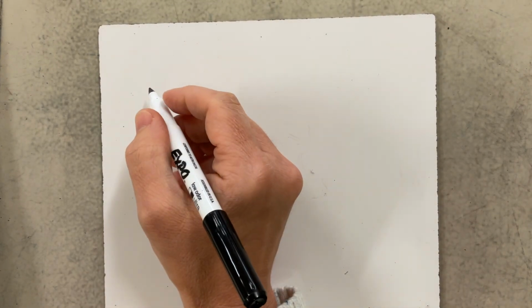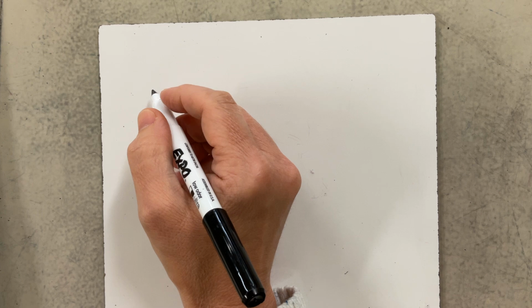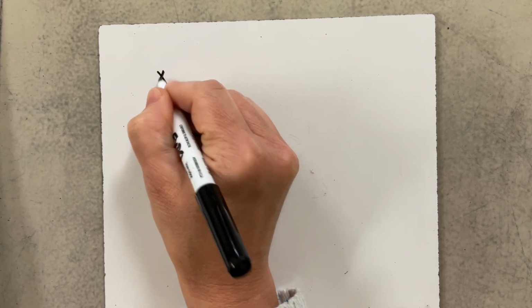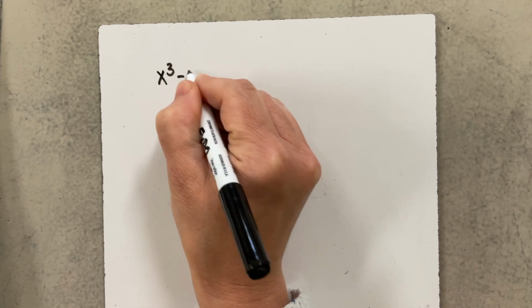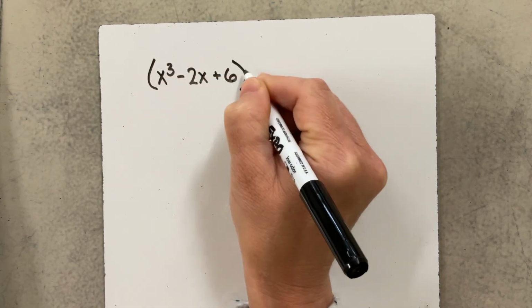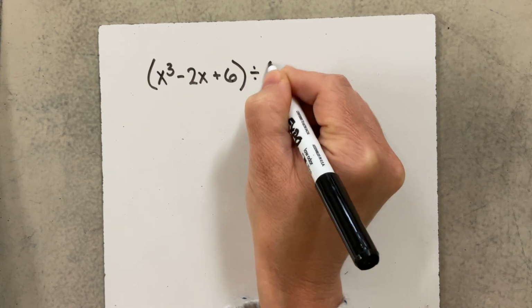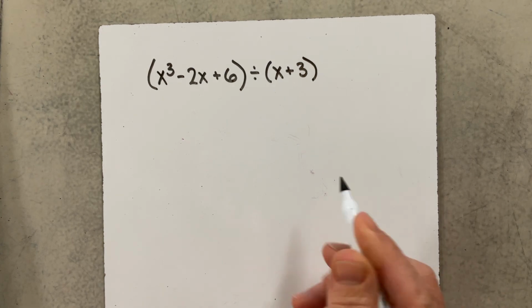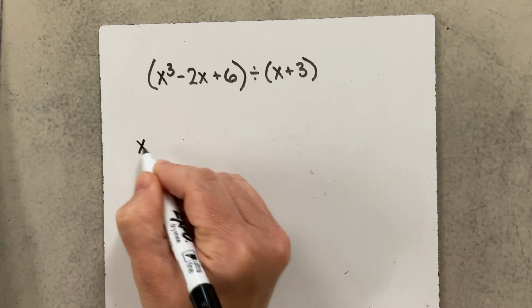All right, so the next one we're going to look at is, let's try this one. So I'm going to take x cubed minus 2x plus 6, and that's going to be divided by x plus 3. So let's start with long division.